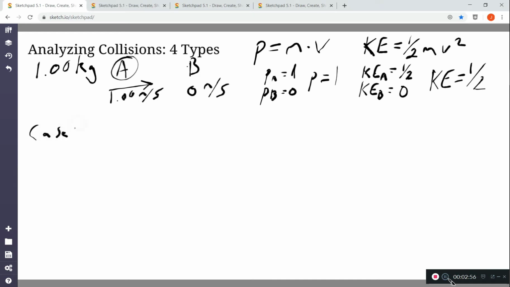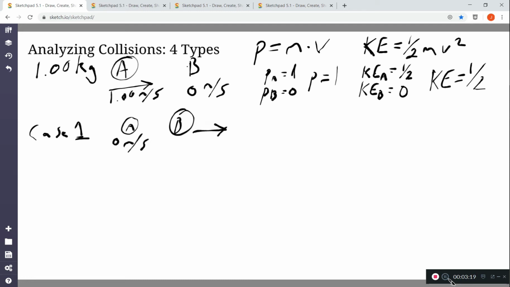So case 1. Case 1 is where when they strike, A stops. And if A stops, B has to pick up all that momentum. So that means that B has to have a momentum of 1.